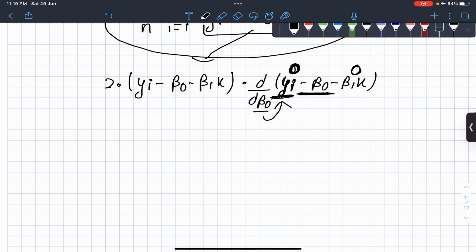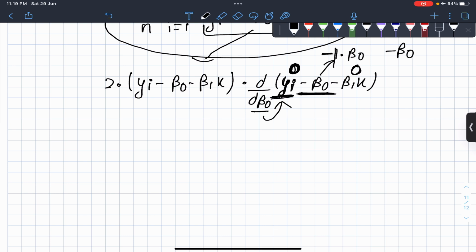In this, we have minus 1 into beta 0. It was beta 0 and it is now minus beta 0, so it is getting changed by minus 1.